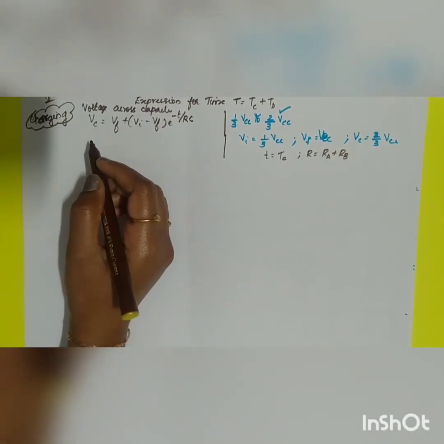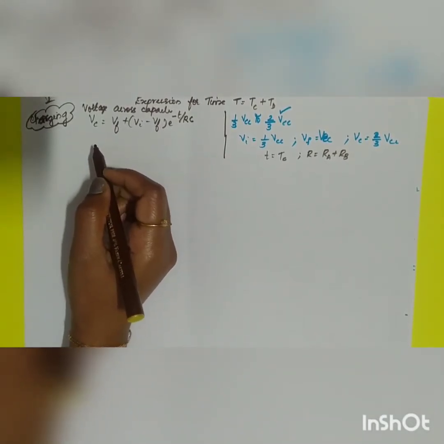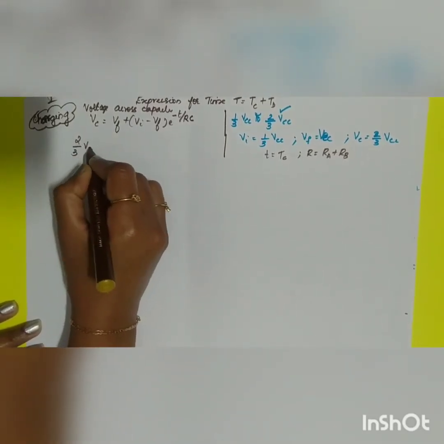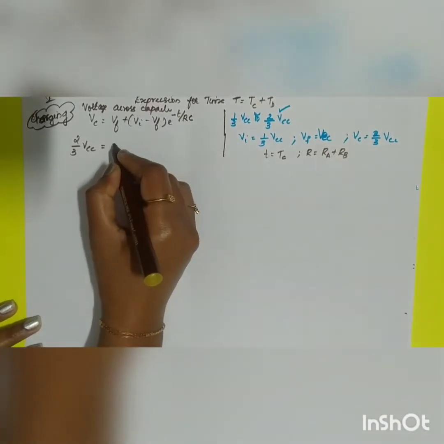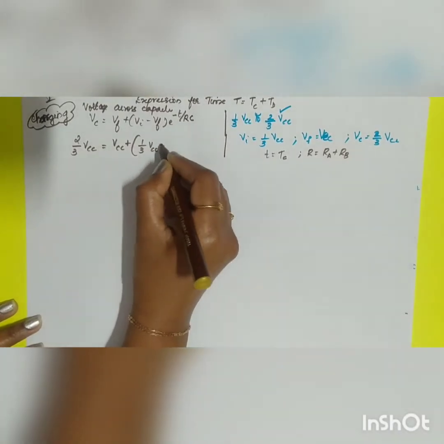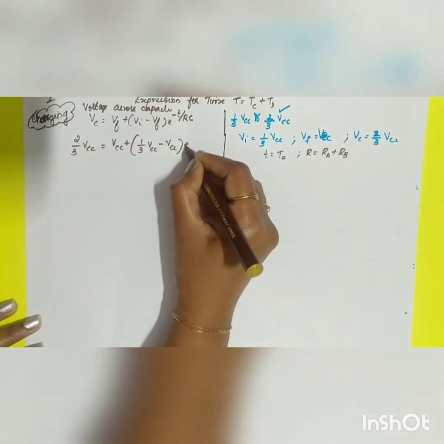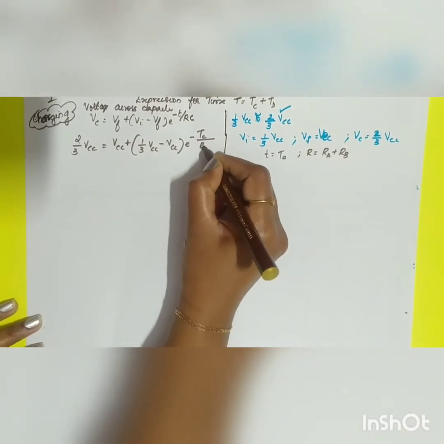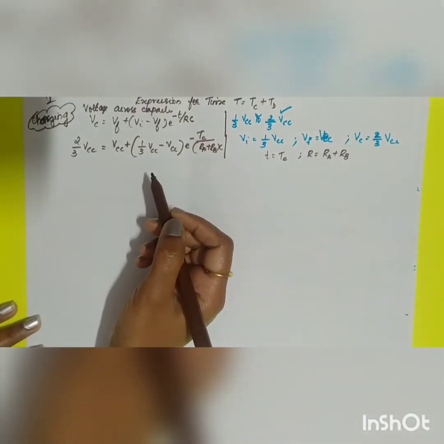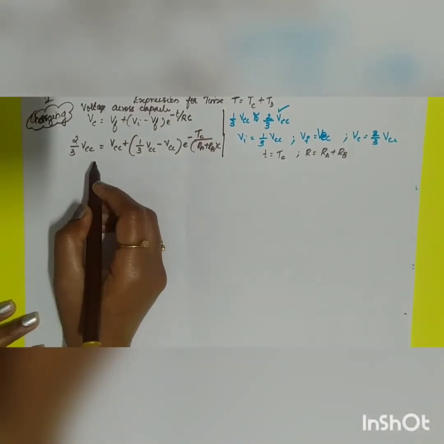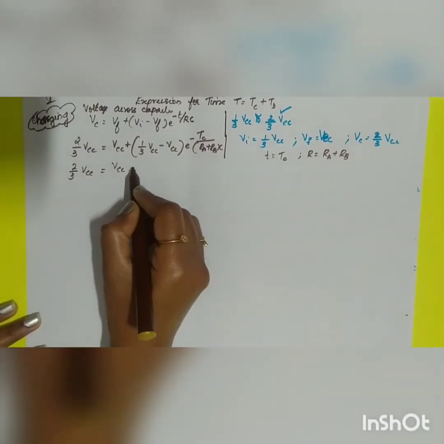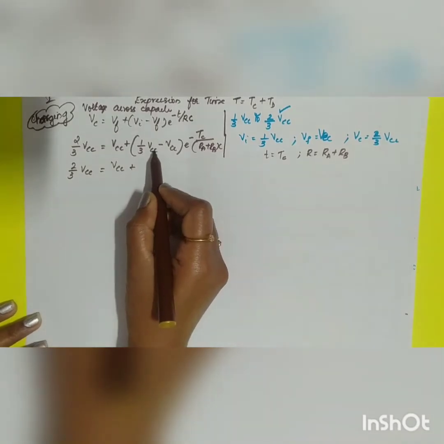So what will be your equation now? Your equation will be modified to Vc is equal to 2 by 3 VCC, which is equal to Vf plus (Vi minus Vf) into e power minus Tc divided by (Ra plus Rb) into C. Now substituting, 2 by 3 VCC will be equal to VCC plus (1 by 3 VCC minus VCC).